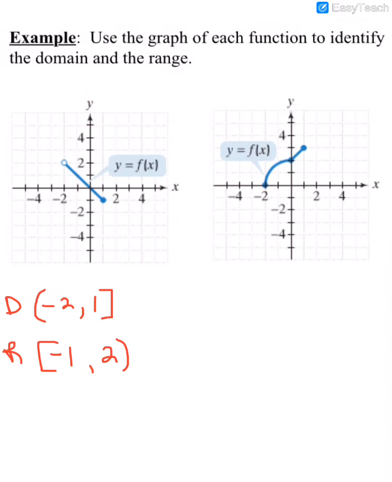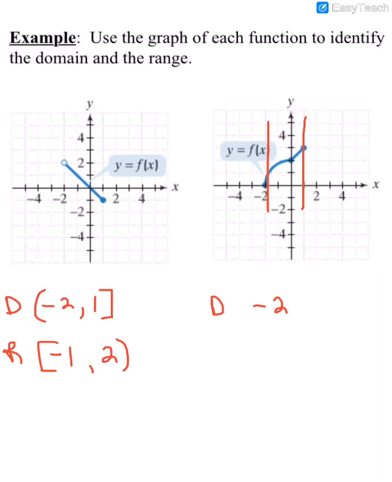All right, looking at the next graph, again, we're going to start with our domain. And the domain is left to right. If we look at our graph going from left to right, again, we don't care about the y-axis. For the domain, we're looking at just the x's. So how far to the left does it go? It goes to -2.